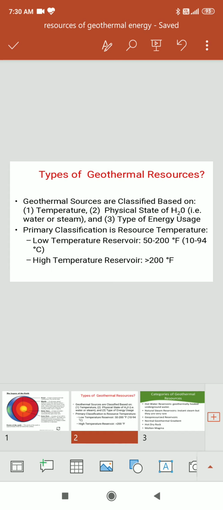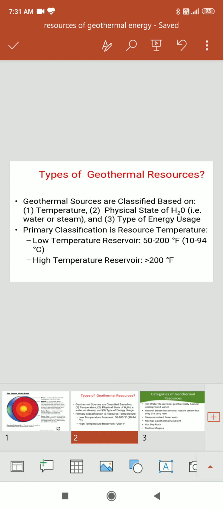Next, second one, physical state of H2O, which is nothing but a liquid state or steam state available in the geothermal reservoirs. Okay, next, type of energy usage.